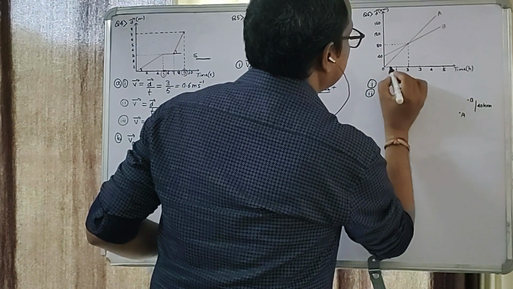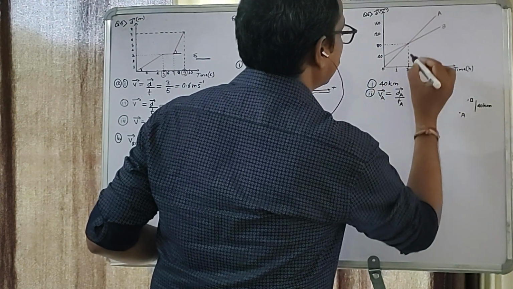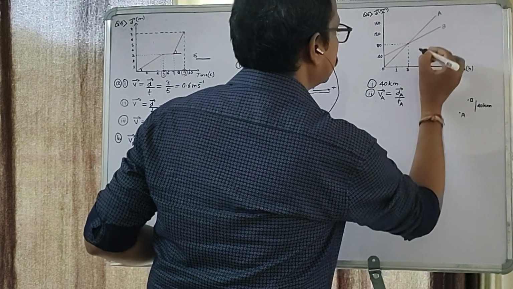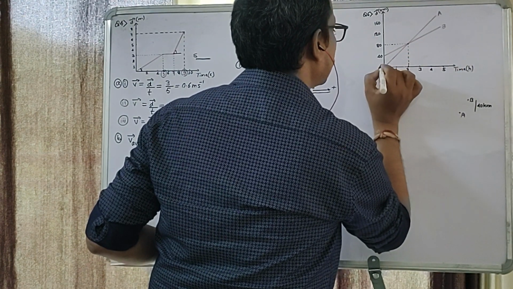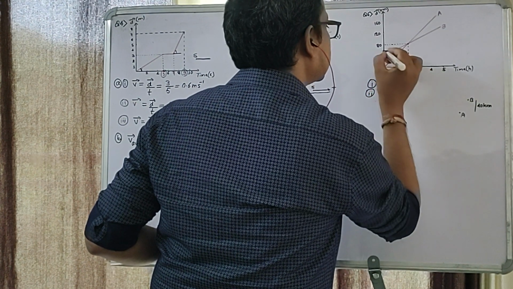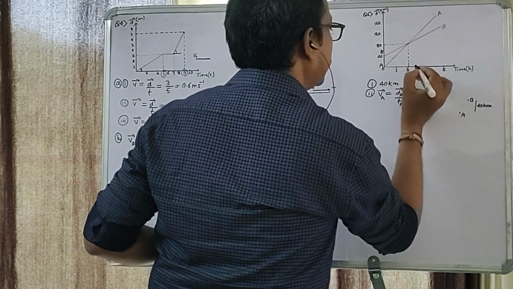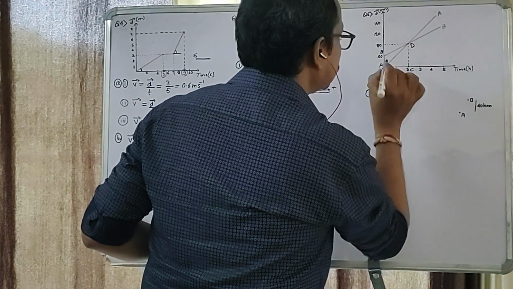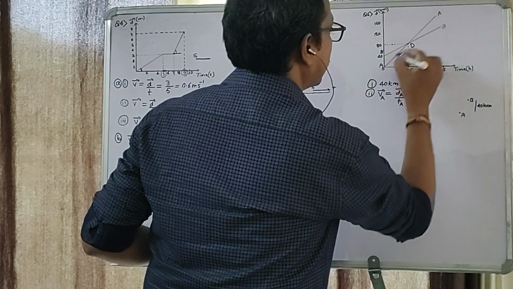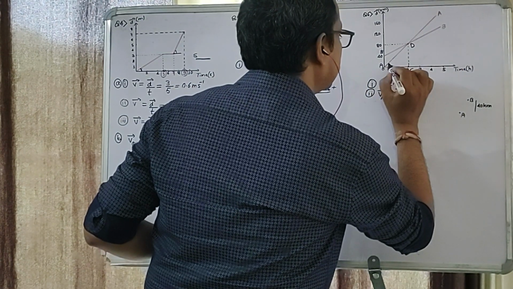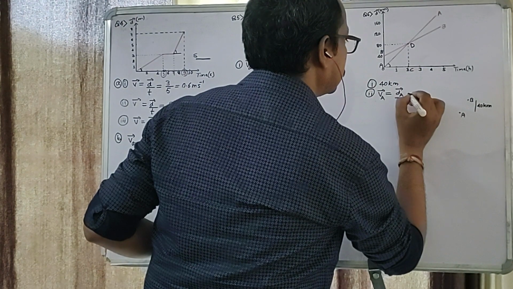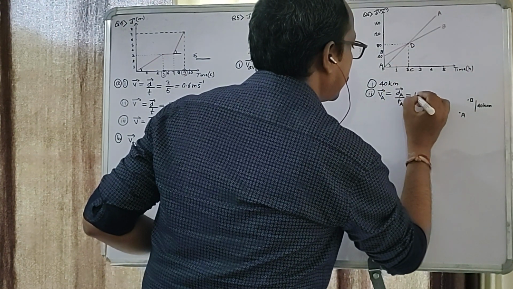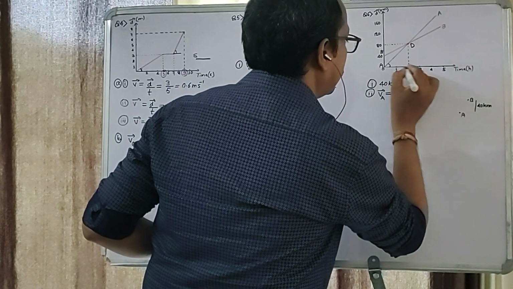So we are looking at this particular picture, and we have to calculate the velocity of car A. Let us represent this point by A, this as B, this point as C, and this point as D. The velocity of car A is this slope, which is DC by AC.